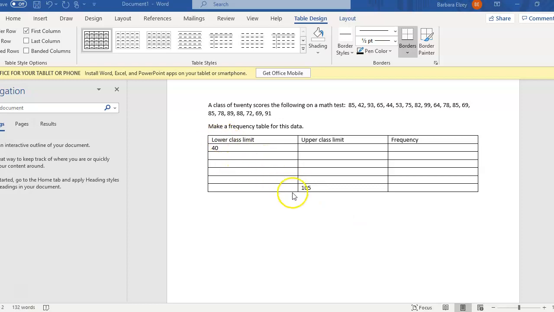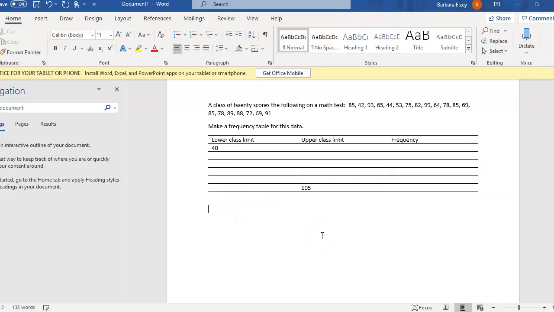Now, in your homework, you're going to be given the lower class limit and then the upper class limit for the highest class. And you have got to figure out what to put into these boxes. So let's look at how we can do that. All right, so what we're going to do in order to fill this in is we're going to take the upper class limit of 105 and subtract the lowest class limit of 40, and we get 65.